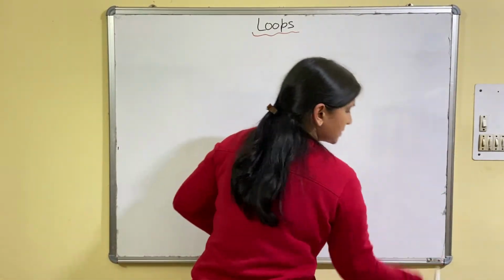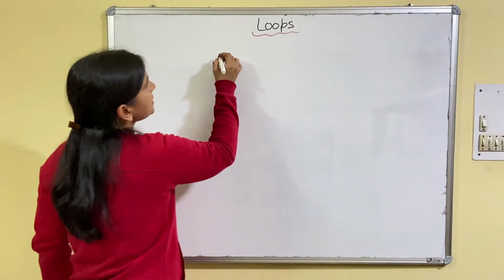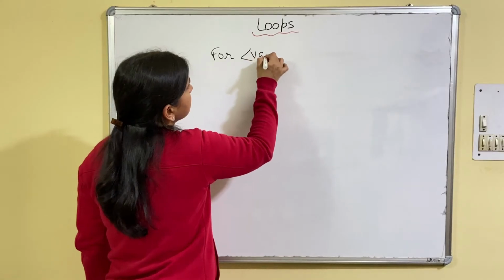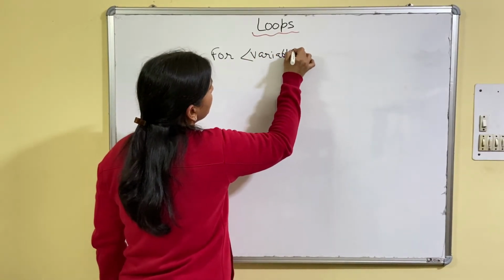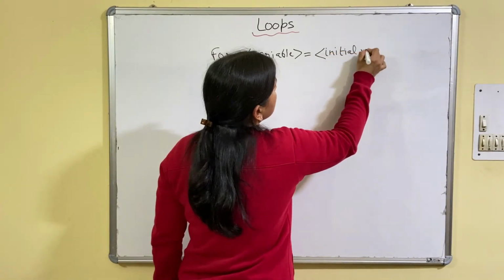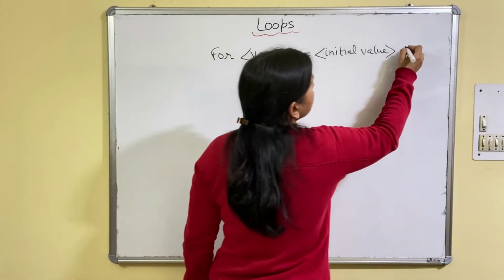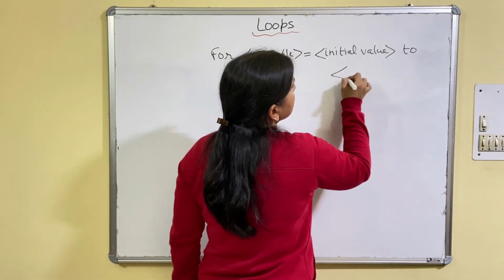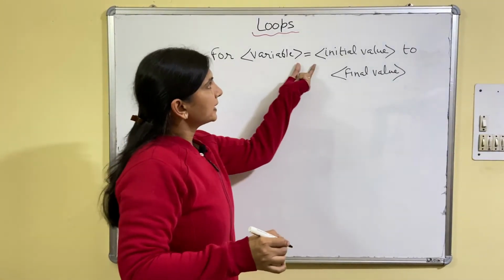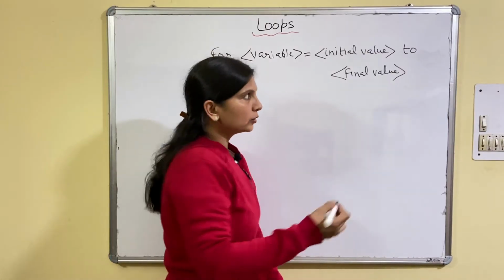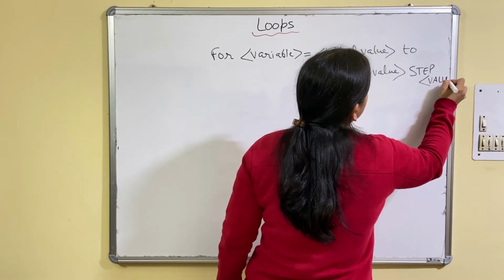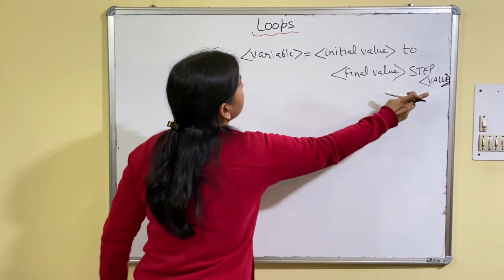For variable equals initial value to final value, and then step value.